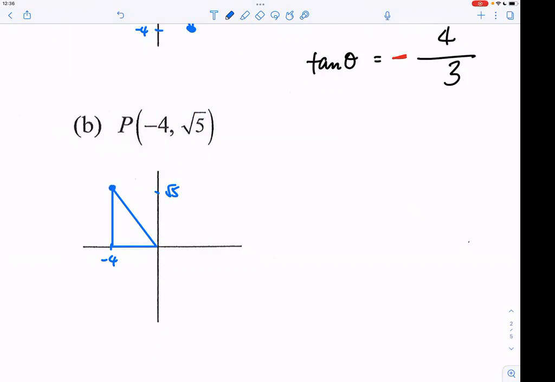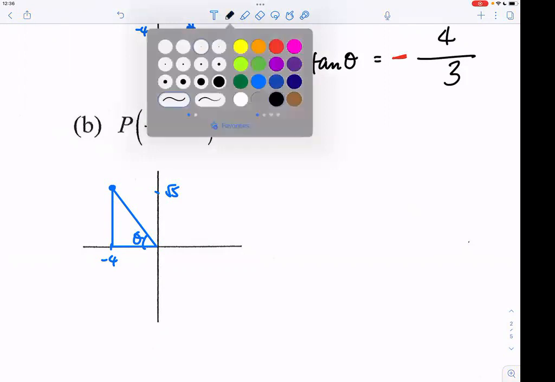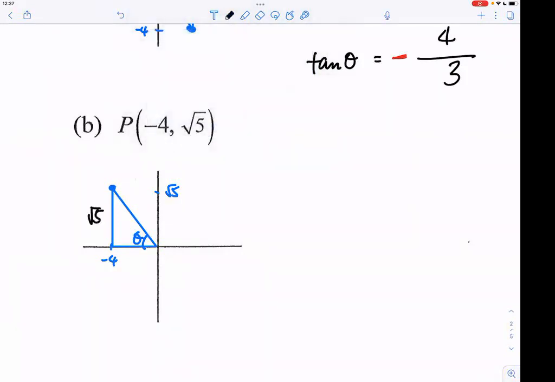That's a point. That's a theta. So you have the length of two sides. That is √5. This is 4 with a negative. What is the hypotenuse for this? Square root of 21. Very good.